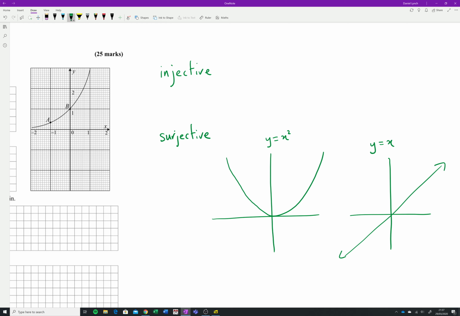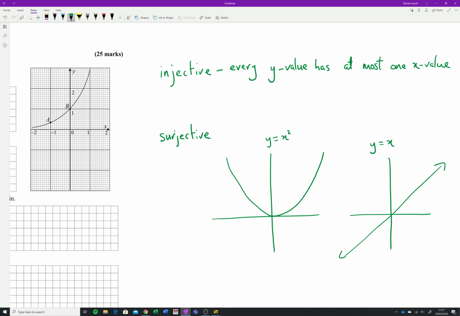Okay, injective means every y value, or another word for y value is output, every y value has at most one x value. What do I mean by that?